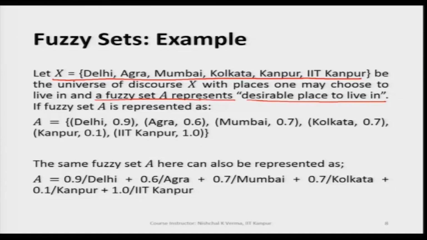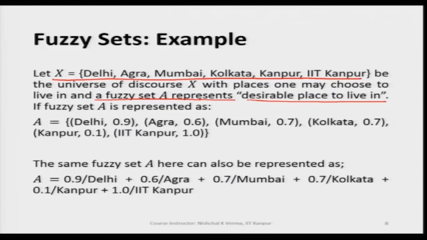So, if it is 0, we will not be including the corresponding element. So, this membership value must be more than 0. So, you see, if we are writing like this, so this membership value will indicate as if it is the desirable place to live in, means it is my liking to live in a particular city.